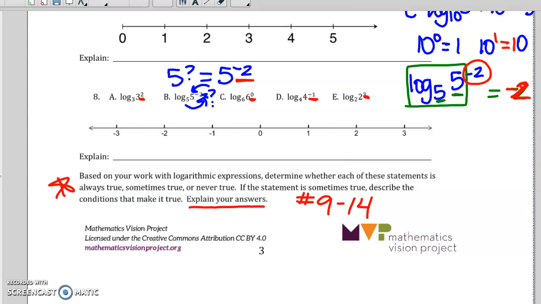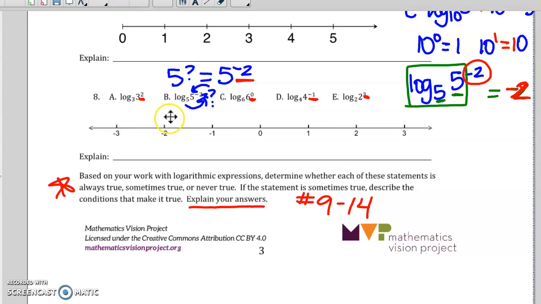I'm going to backtrack for a minute to number 8. So just thinking about this part B, log base 5 of 5 to the -2 equals what? So I'm thinking 5 to what power equals 5 to the -2. So I set up my exponential equation. So that means my question mark has to equal -2.